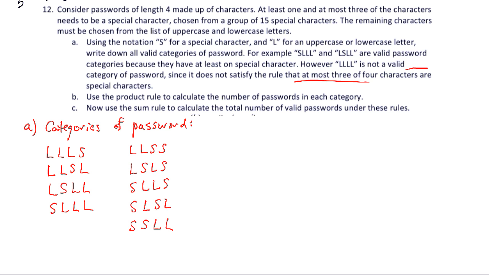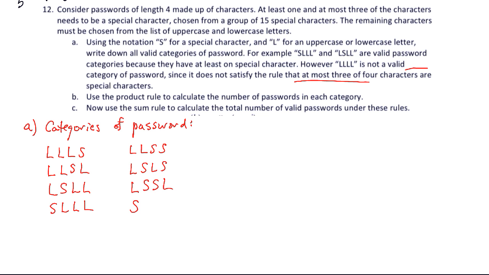Oh, I didn't do it right. Let me go back a notch. If it were zeros and ones, I think I'd be better at it. LLSS. I'm still with an L in the first one. LSLS, LSSL. There we go. Those are all 3 of the possibilities where I have an L in the first one.